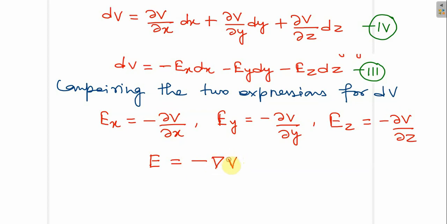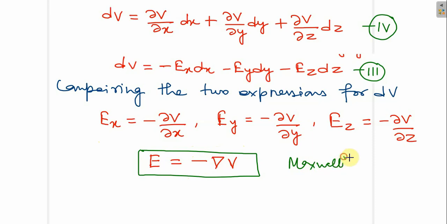So E equals minus del V. And this is a very important relation, and this is also a Maxwell equation. This is one of Maxwell's equations. All the Maxwell's equations are very important. So E equals minus del V means the electric field intensity is the gradient of V.